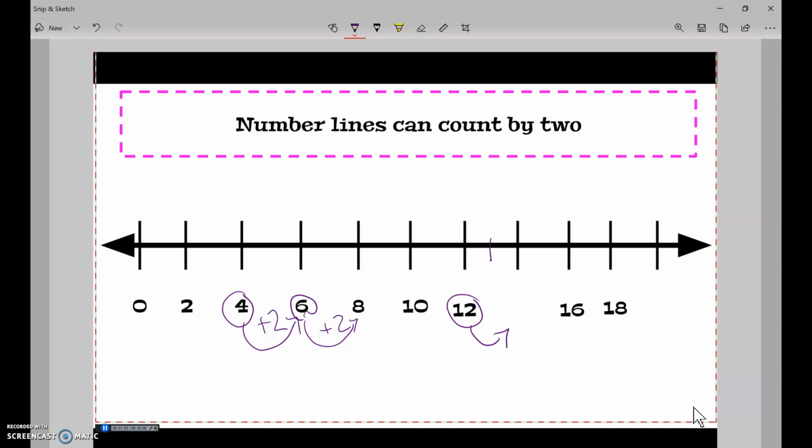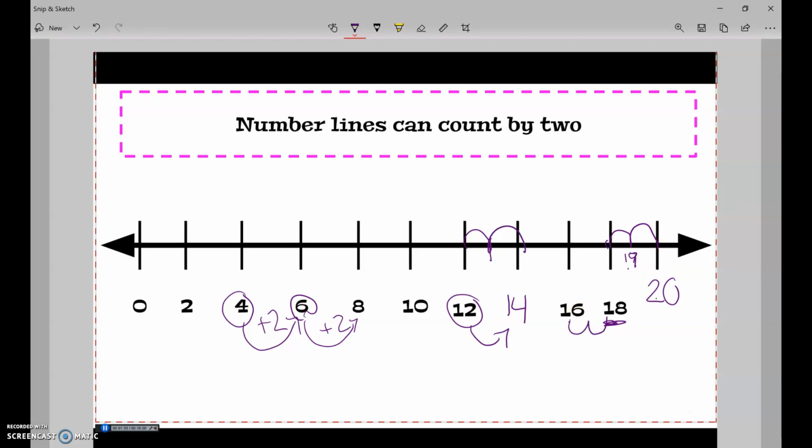So I could put 1 hop, 2, so that would be 14, 16, 18. I'm already at 18, but I'm looking for that pattern. So I need to add 2 hops: 1, 2. So this will be 19, and this will be 20. So 18, 19, 20. And let's see if you're right.